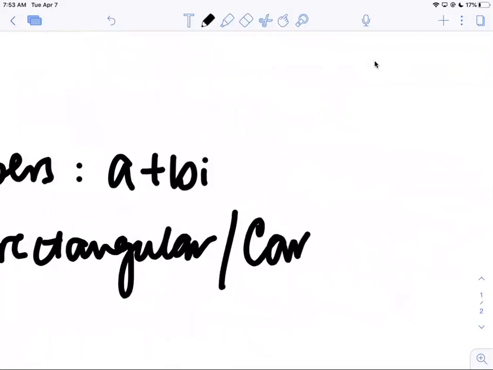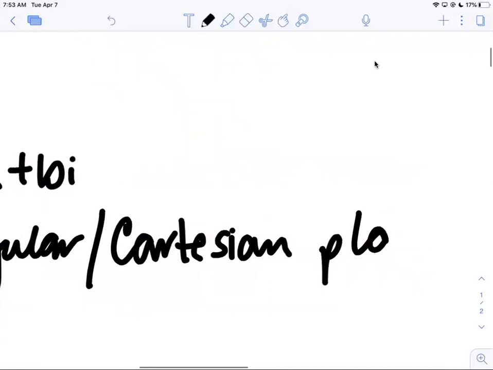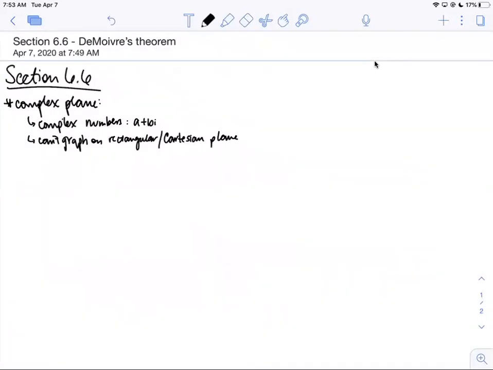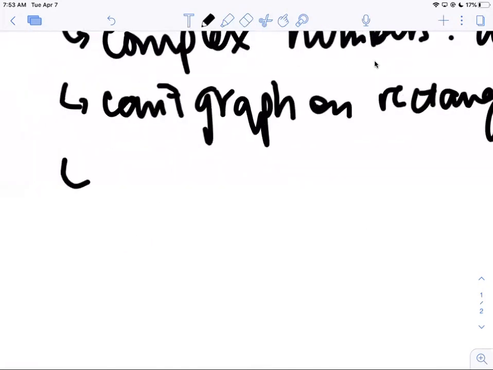That's just a fancy word for the plane that you've been using your entire life. So instead, we need to use something called the complex plane, where the horizontal axis is a real number axis and the vertical axis is made up of imaginary numbers.